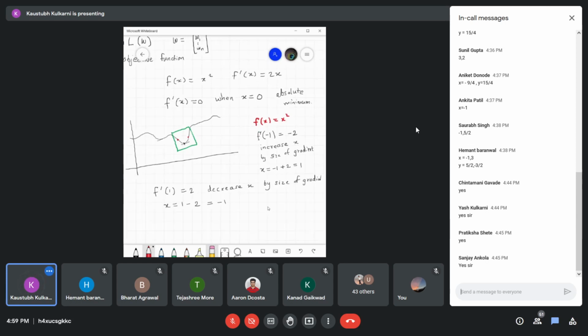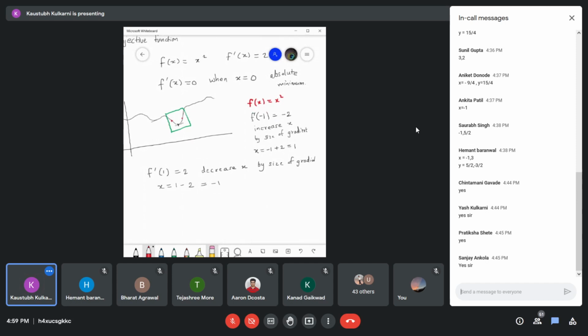So let's say we decide something called a learning rate, or in simple words, it is nothing but the step size, learning rate or the step size.